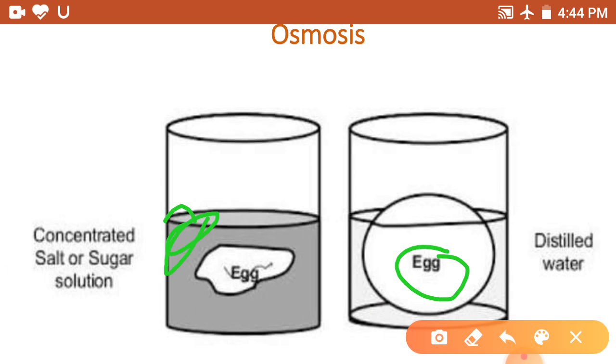That's why the egg shrinks, because molecules move toward higher concentration.